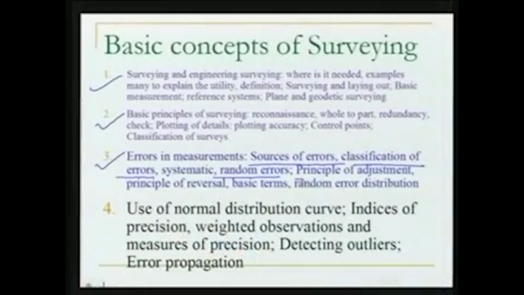Then we talked about the principle of adjustment. When errors are there in the observations, many times in our network in the field, for example the triangle, the geometry from the field says the sum of the three angles in a triangle should be 180, but we saw it is not so, because in each angle we measured we had some error.